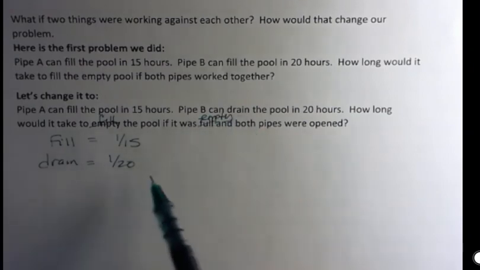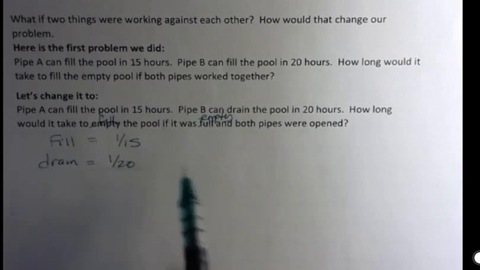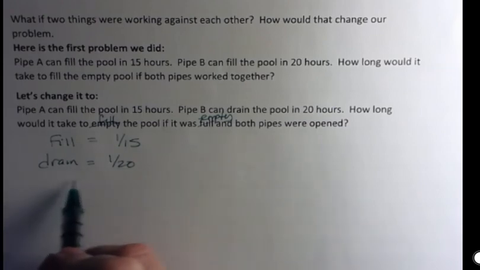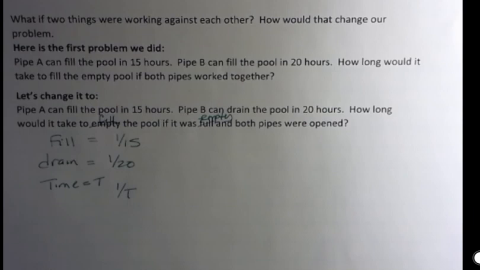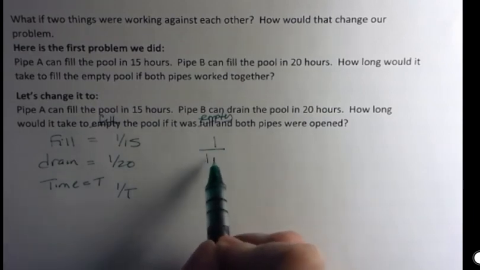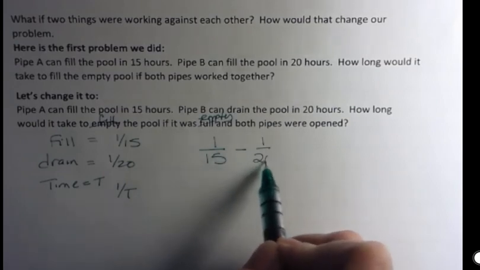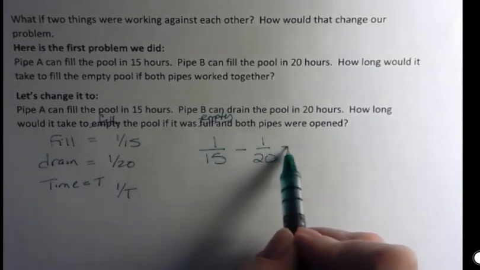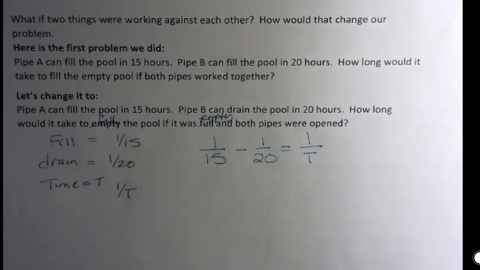So what we're doing is we're putting some water in, we're taking water out. We don't want a negative, so if we say the total time here was T, then it would be 1/T, right? But what we're saying here is that they're working against each other. So I have the pool filling and I'm subtracting off because I'm taking water away as it drains, and that equals 1/T.